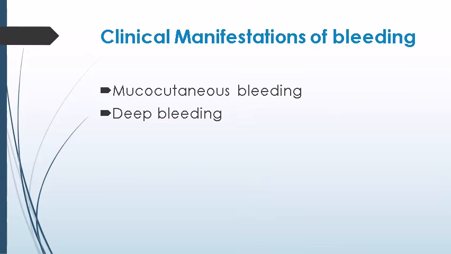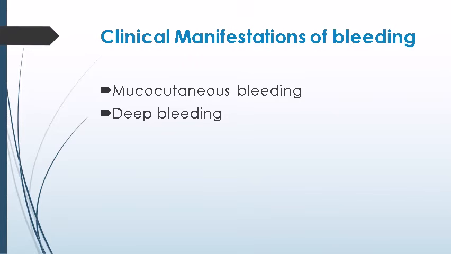Mucocutaneous bleeding means the patient presents with petechiae and purpura, which is skin hemorrhage: pinpoint skin hemorrhage called petechiae, small points on the skin, or purpura, slightly larger. Also mucosal bleeding, epistaxis, gingival bleeding, and menstrual bleeding, menorrhagia. So we have mucocutaneous bleeding.